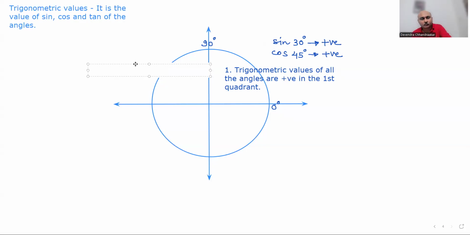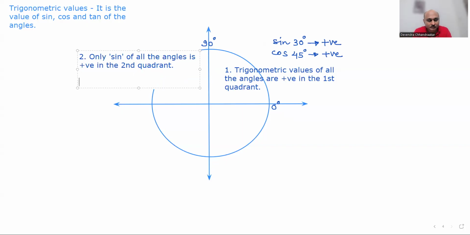For the second quadrant, the rule is only sine of all the angles is positive in the second quadrant. That means cos and tan are negative in it.